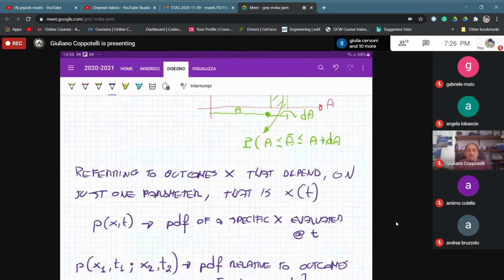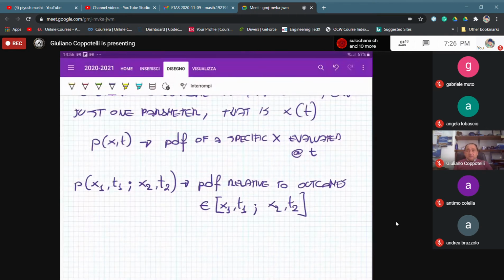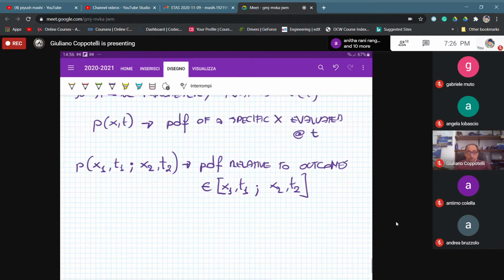Now, what we are saying is that your outcome is in turn depending on one parameter, and this parameter is called T. And therefore, when we view this probability density function having two dependencies, the meaning of this lower p is that we are referring to a probability density function for a specific event X that is evaluated at a parameter value T. And thus, when referring to a range, we have two couples of parameters, X1, T1, and X2, T2.